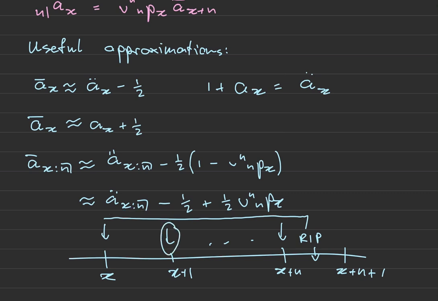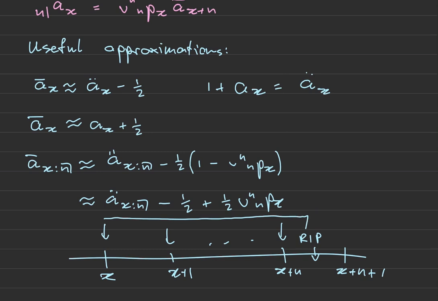There's a unit payment that occurs for the second year, and so there's a flat line that accounts for that between age X plus 1 and X plus 2, and that happens all the way until they die. But now when they're dying in this nth year, or rather in this n plus 1th year, I will be receiving a payment over here, but I won't be receiving a payment over there. So the approximation, this A bar, has this extra half.